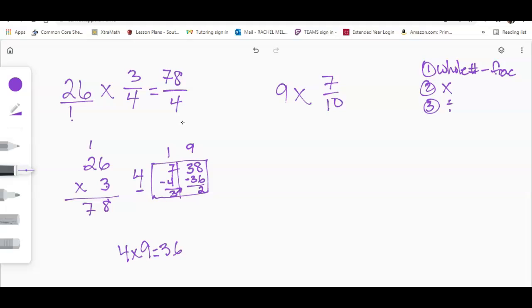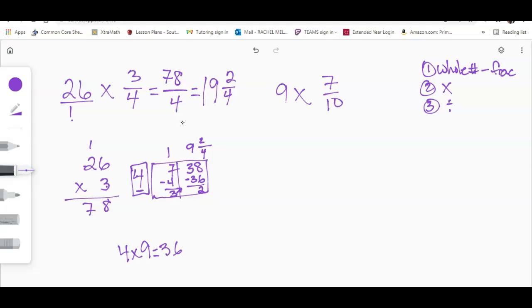Okay, so remember how I write this. This is 19 wholes. Okay, the 2 as a remainder is my numerator, and then my divisor is my denominator. So this would be up here 19 and 2/4.